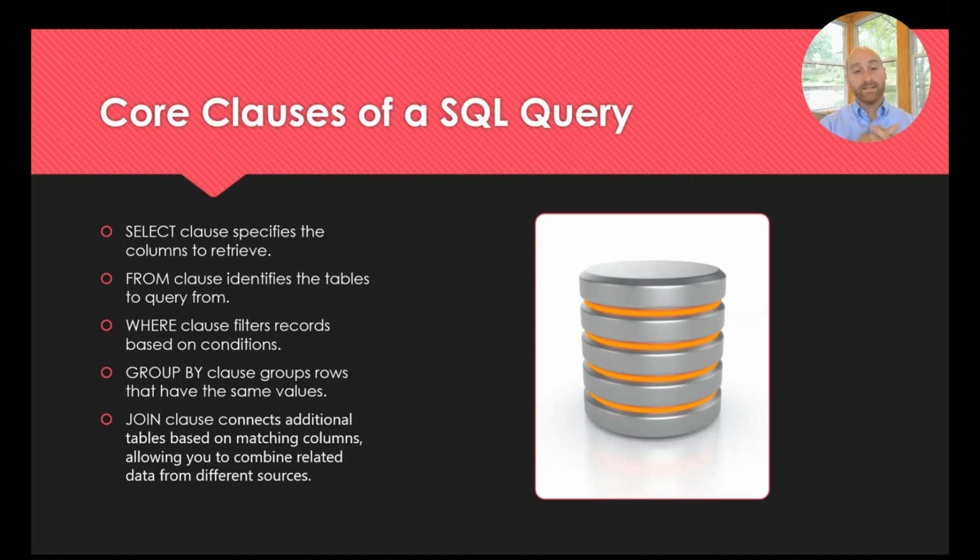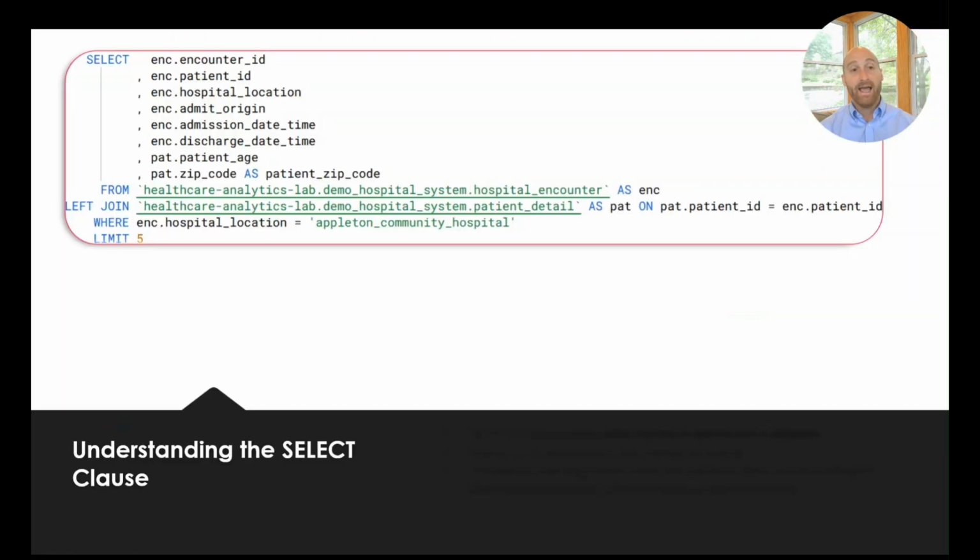The where clause is going to filter the results: only this hospital, only after this date, something like that. Group by is a clause we can use to group the rows when we aggregate. I want the average grouped by the hospital, the average grouped by the month. I want the total count grouped by some other field. Then the join clause is where we connect additional tables based on the matching columns. We're going to look in detail at these things.